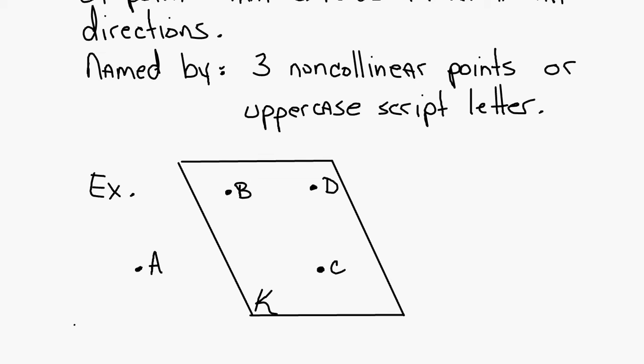Three non-collinear points. All right, non-collinear. First of all, collinear means on the same line. Linear is line. Collinear would be points on the same line. So non-collinear, points not on the same line. Okay? Coplanar. Points in the same plane. Alright, so non-coplanar would be points not in the same plane.